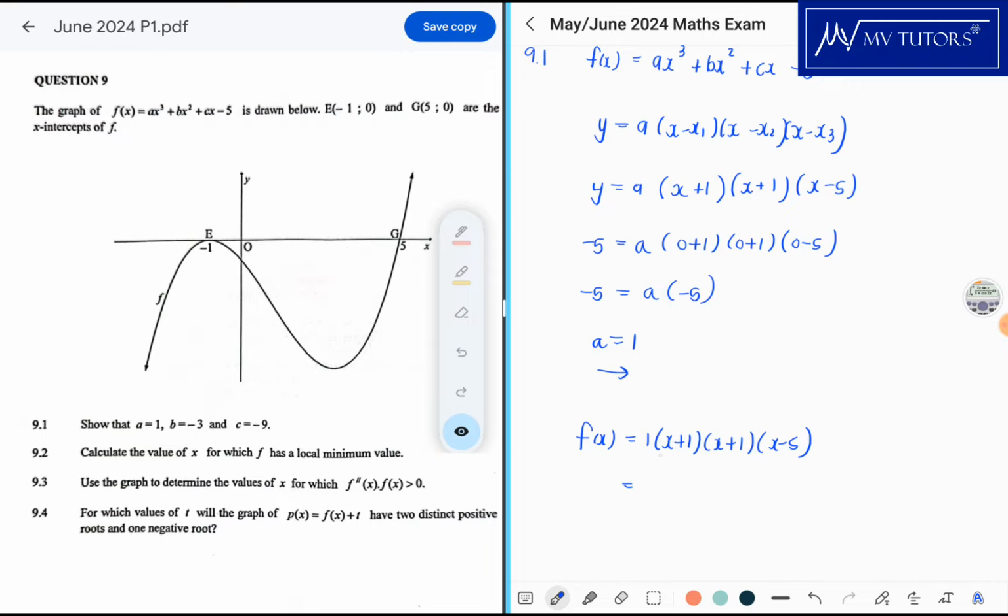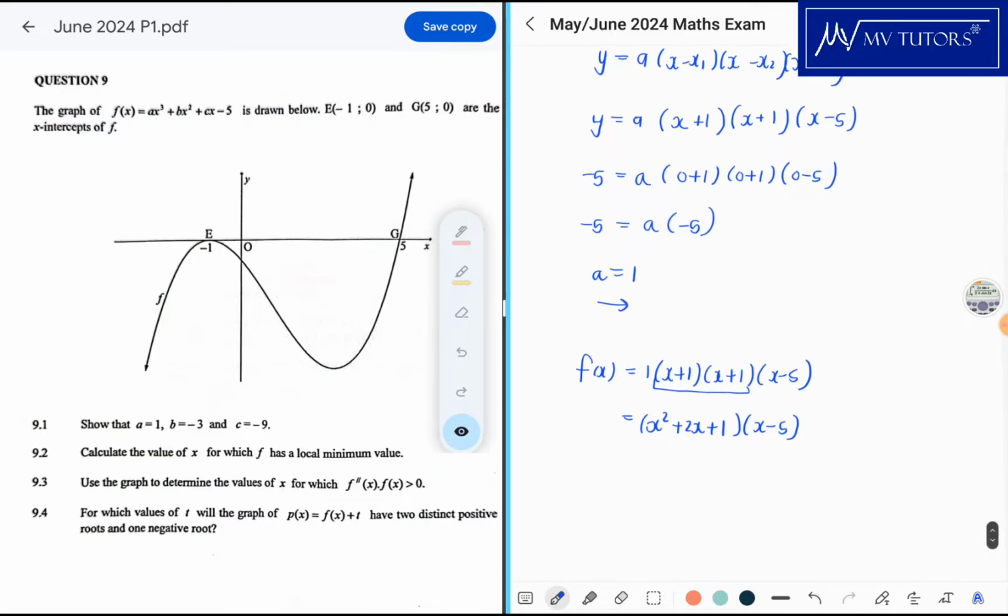Okay, so let me start with this first. So I have x squared plus 2x plus 1. Multiply that by x minus 5. And if I continue to multiply it in, I'm going to have x cubed minus 5x squared. Then I'm going to have plus 2x squared plus x, and then plus x minus 5.